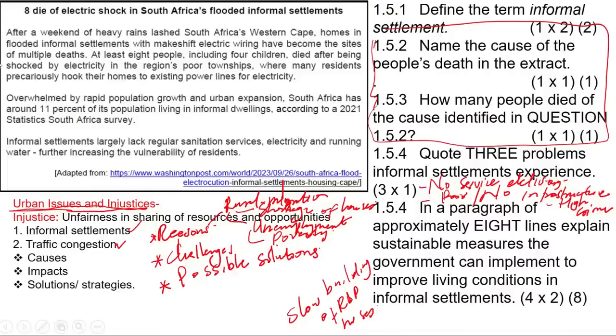And then, what are the possible solutions? The government can expedite, or speed up, the rolling out of RDP houses.